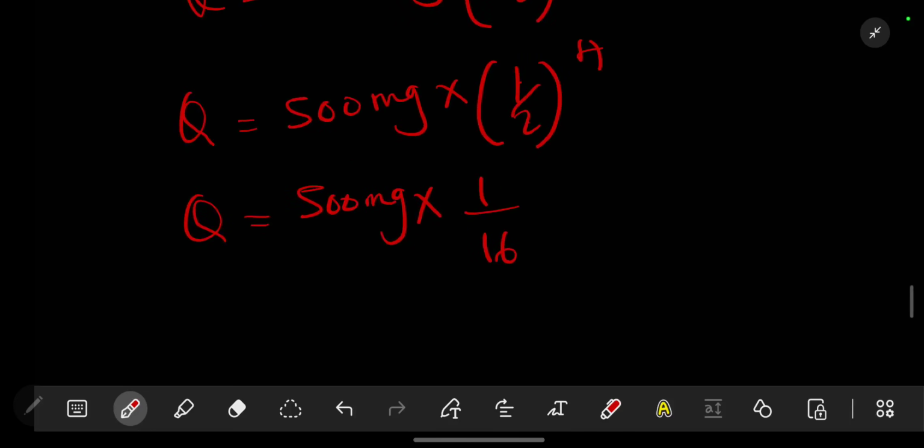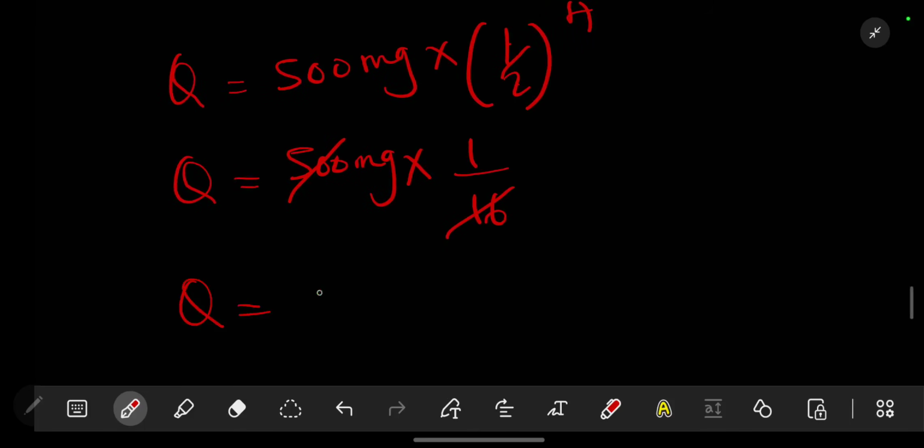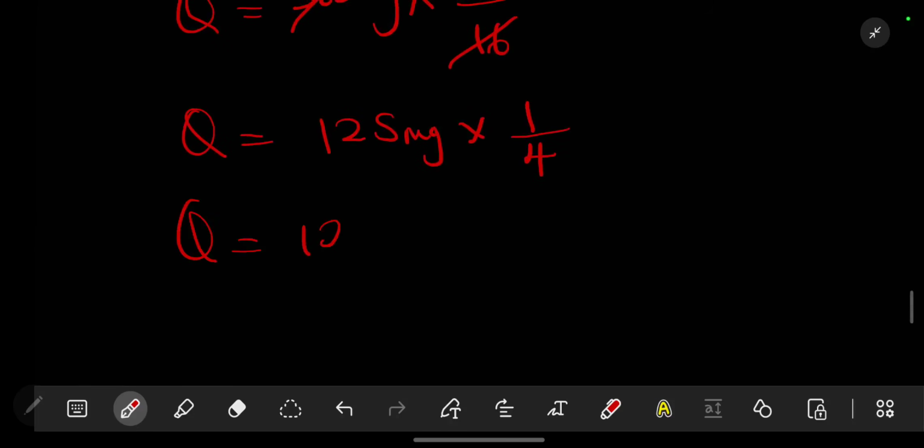So remember, 4 can enter into 16 and 500, which we said 4 can enter into 500 125 times. So Q should be equal to 125 milligrams times 1 over 16 divided by 4 is a 4. So Q should be equal to 125 milligrams over 4. So this is basically what the value of our Q remaining will be, like that.